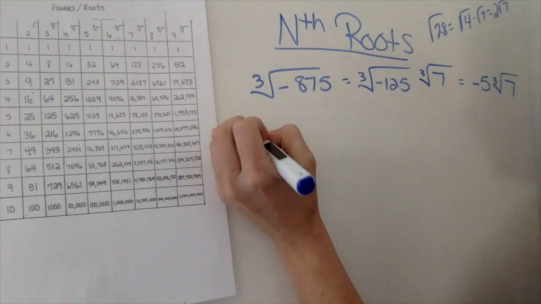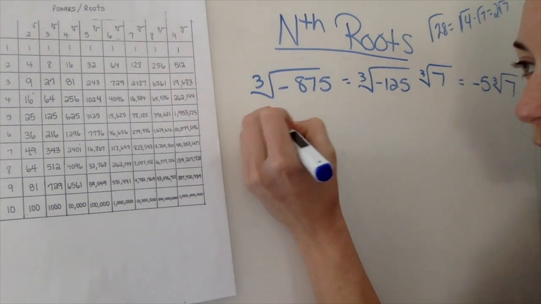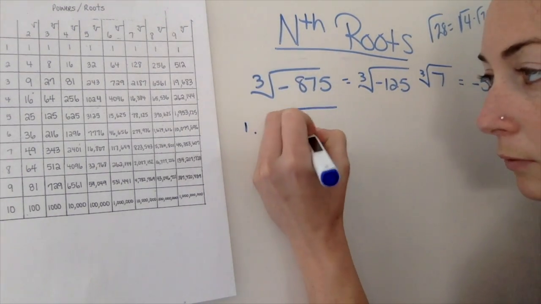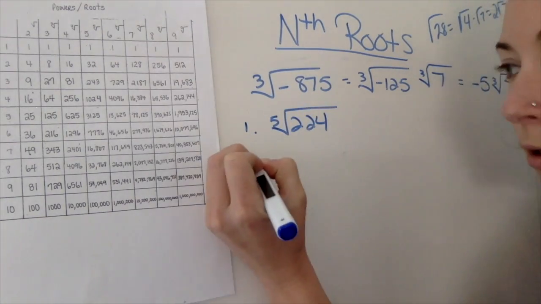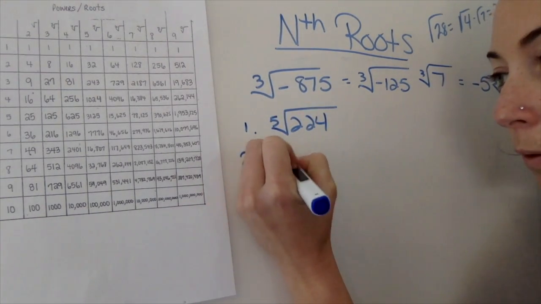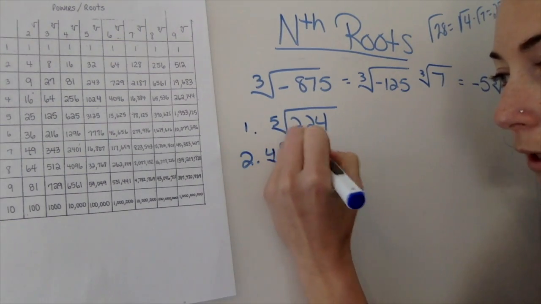Okay, and then try these last 4 on your own. 5th root of 224, 4th root of 648.